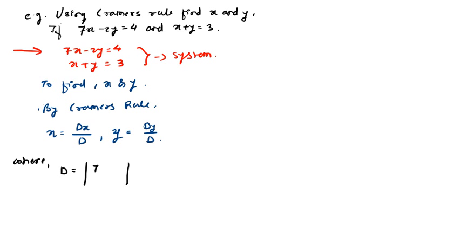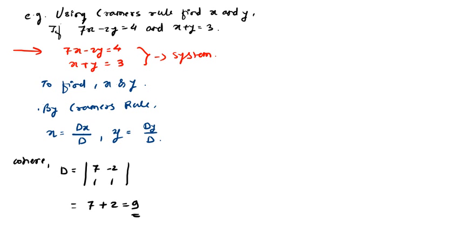So this will be 7, 1, minus 2, 1. After solving, this will be 7 into 1, 7, plus 2, which is equal to 9. So capital D is equal to 9.